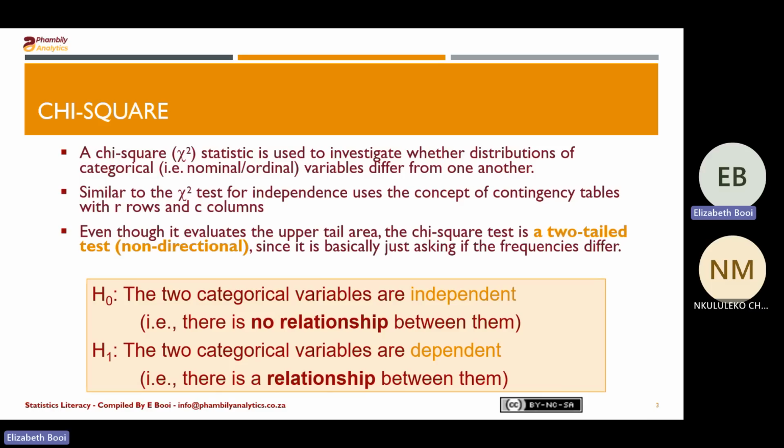If I do have two categorical variables, let's say one of them is school preference and the other one is gender, then it will say gender and school preference are independent, or there is no relationship between gender and school preference.